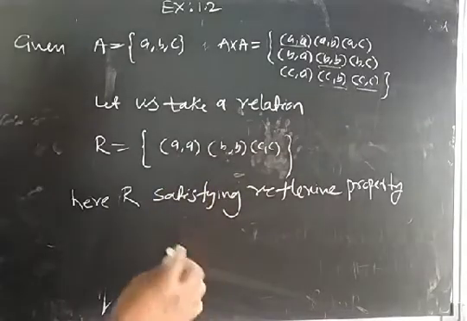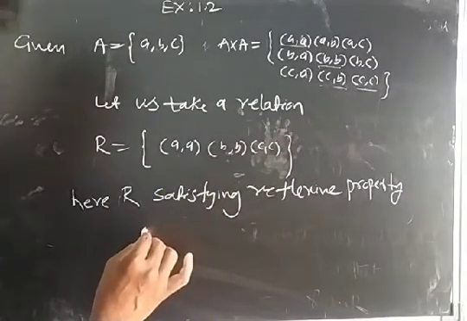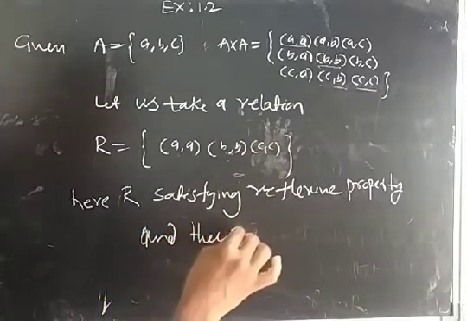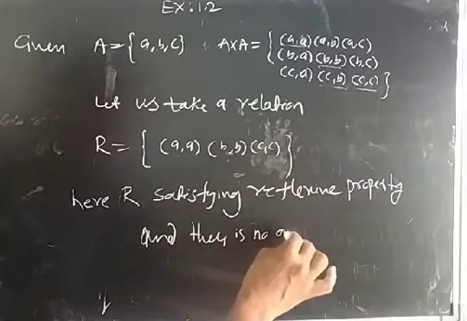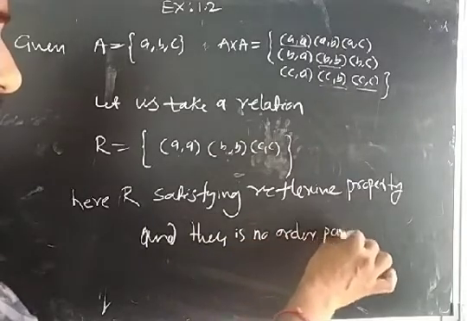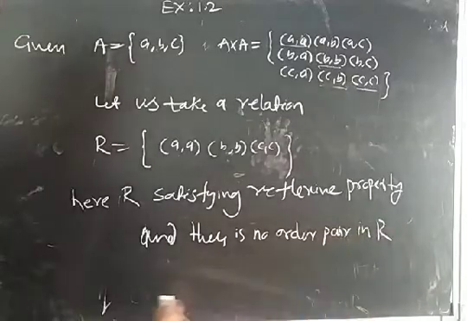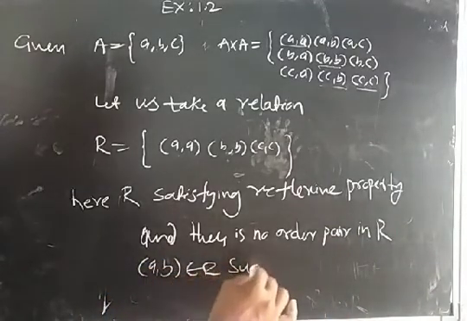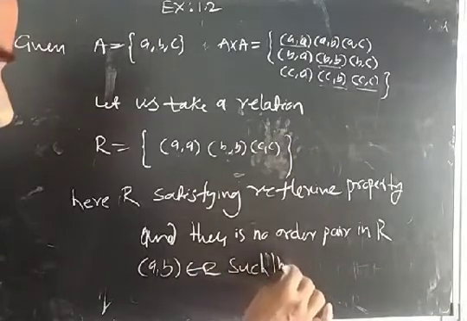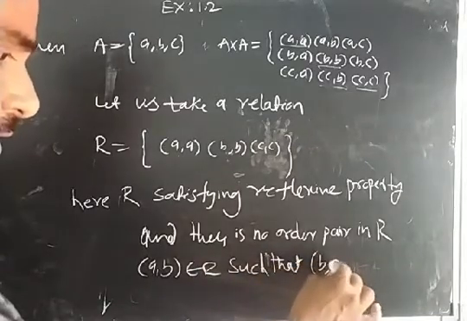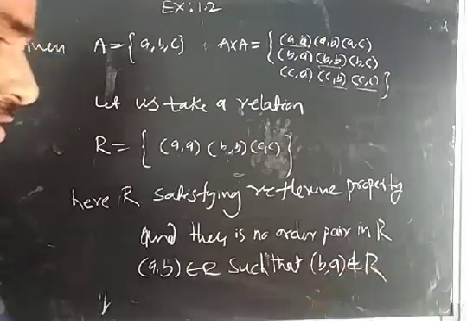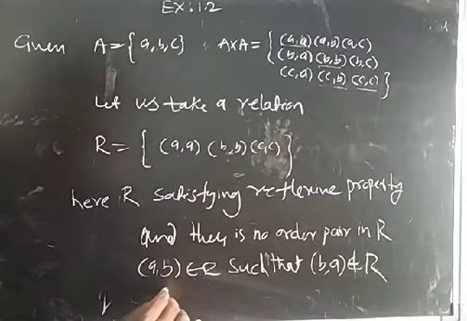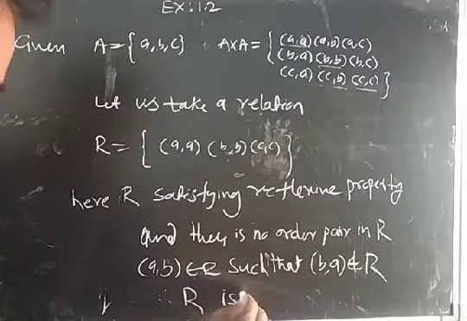There is no ordered pair in R, (A, B) belonging to R such that (B, A) does not belong to R. Therefore, R is symmetric.